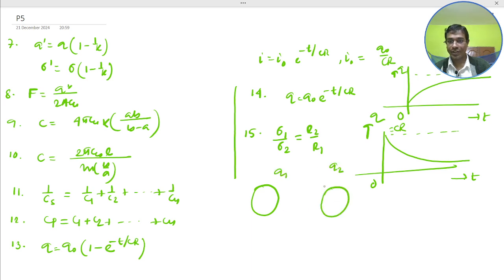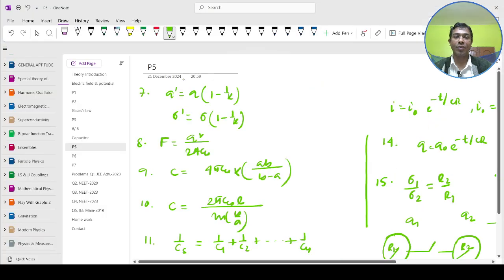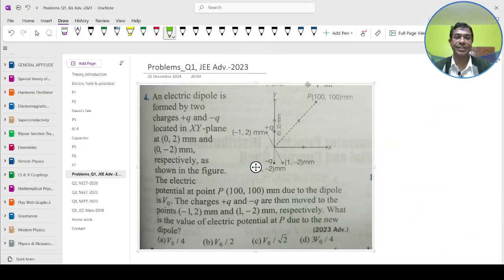Q1 charge, Q2, just connect here, and this is R1, this is R2, and sigma 1, sigma 2, basically sigma is proportional to 1 by R. So we just conclude our chapter summary in a nutshell. Now we go ahead to our problem discussion session.